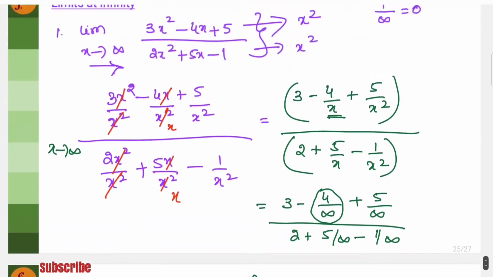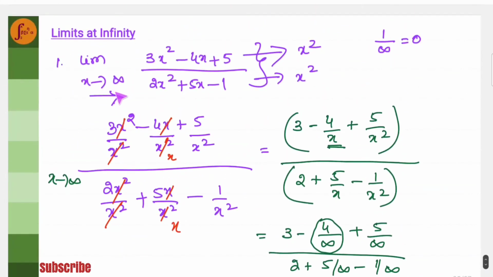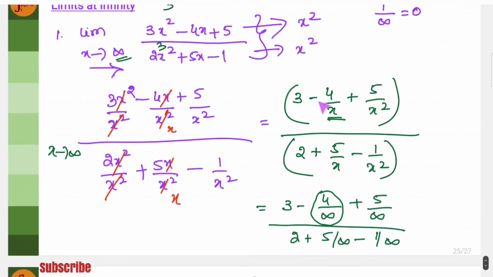So now we are able to correlate. Whenever we have x tends to infinity, right, we'll take the expression and divide with the highest degree. So if you have x square here, we'll divide by x square, both numerator and denominator. Suppose we had x to the power 3 here, we will divide by x to the power 3. x to the power 8, we'll divide by x to the power 8. Basically, so that we will get this form.